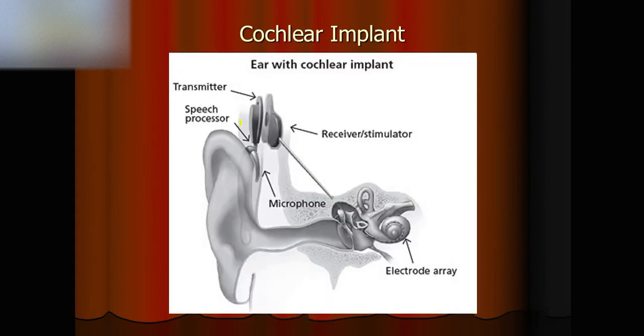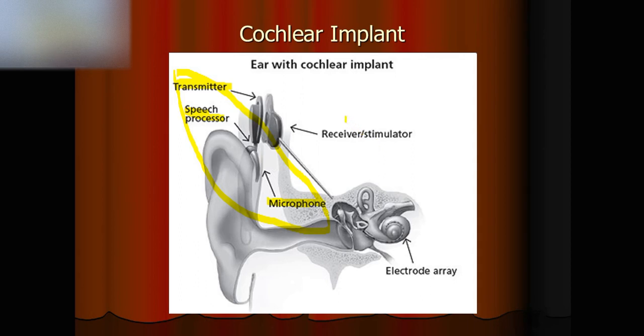So we can see that through the whole system, there are 5 parts. A microphone here, a speech processor here, and a transmitter here. These 3 belong to the external part or external portion.